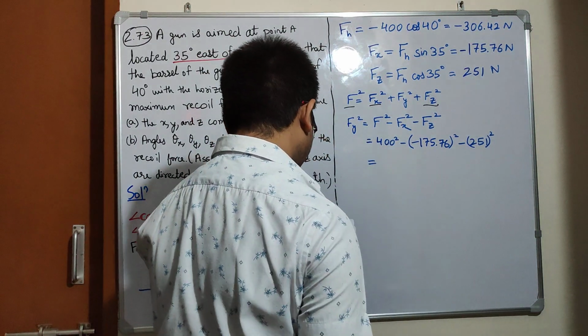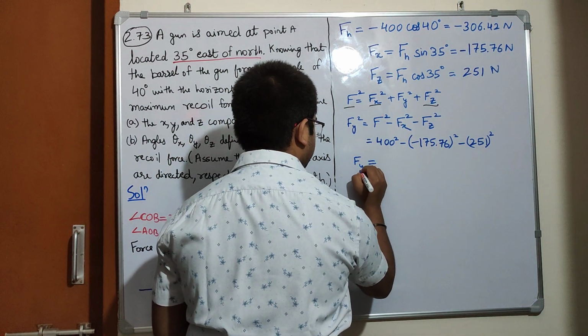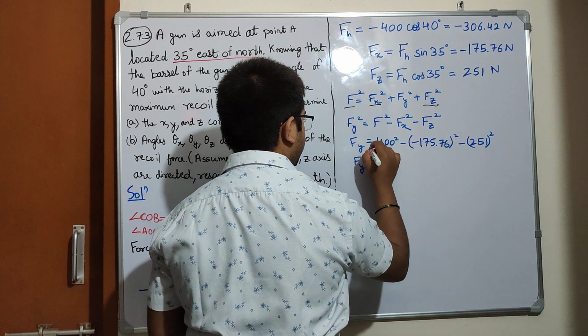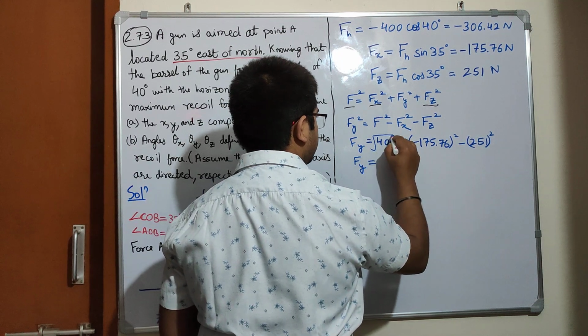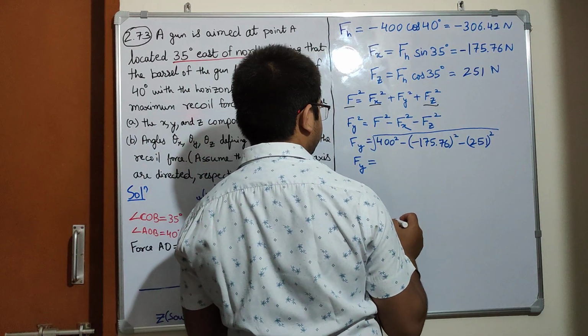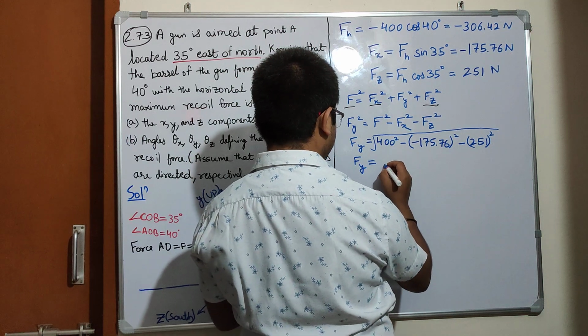So Fy equals root under of all this. Fy would turn out to be minus 257.